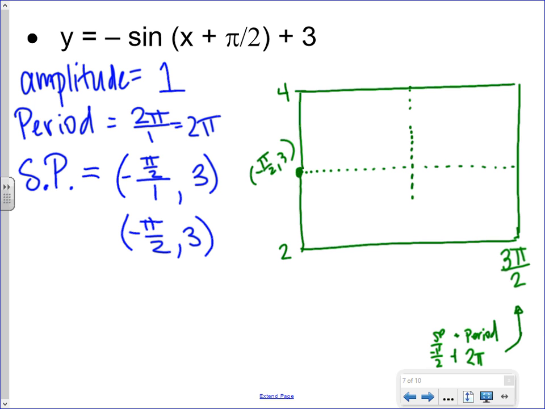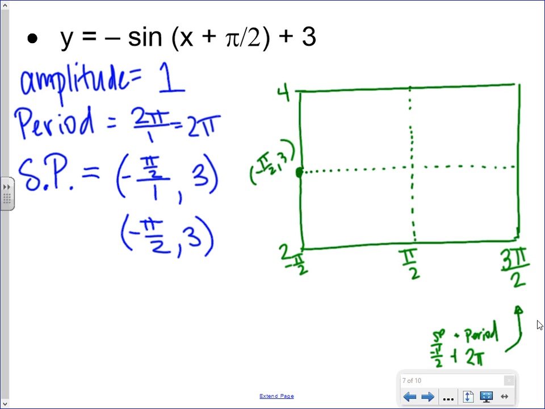So first of all, let's cut this in half. If we are at negative pi over 2 on the left and 3 pi over 2 on the right, what is halfway between negative pi over 2 and 3 pi over 2? Okay, let's talk very quickly about how to find the average.